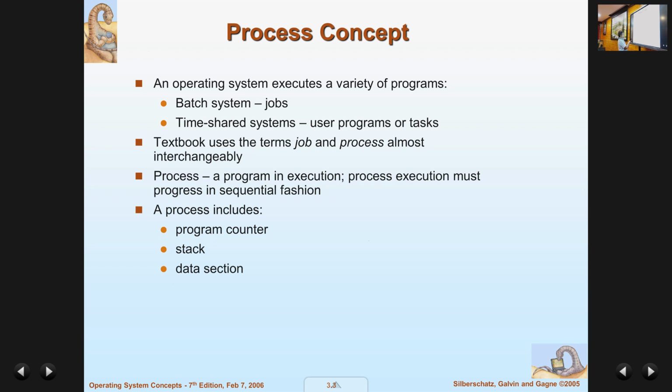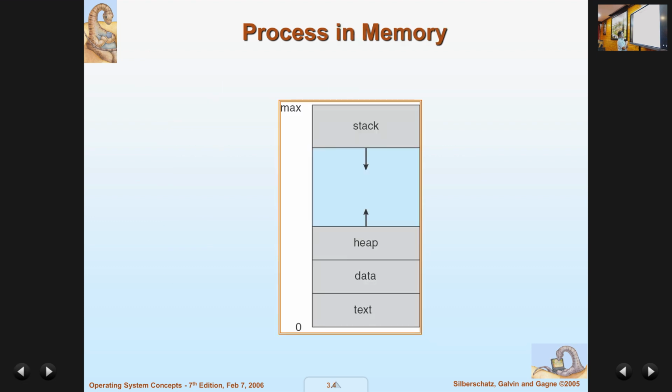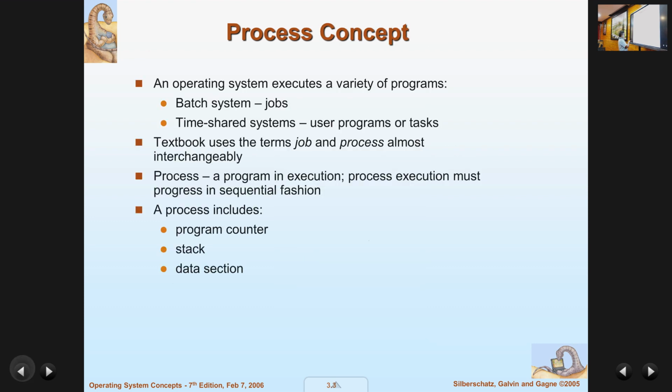To begin with, let's understand what the basic requirements for a process are. Whenever you execute an application, the process must be created, and a process that is created should find some space in memory.